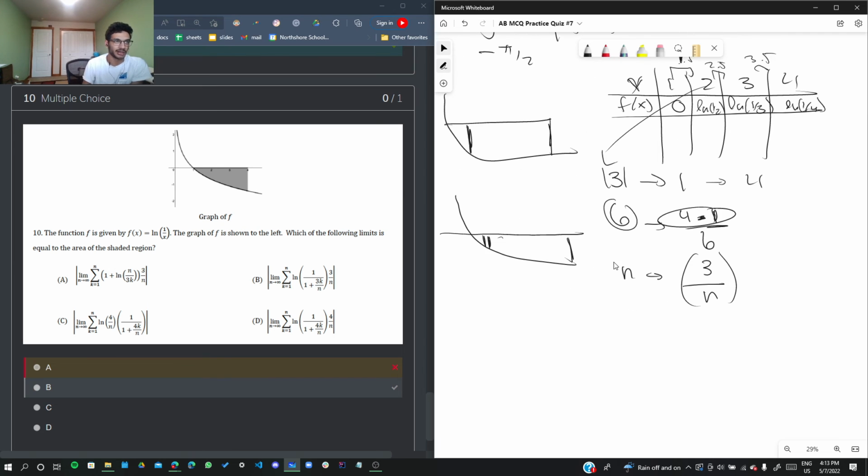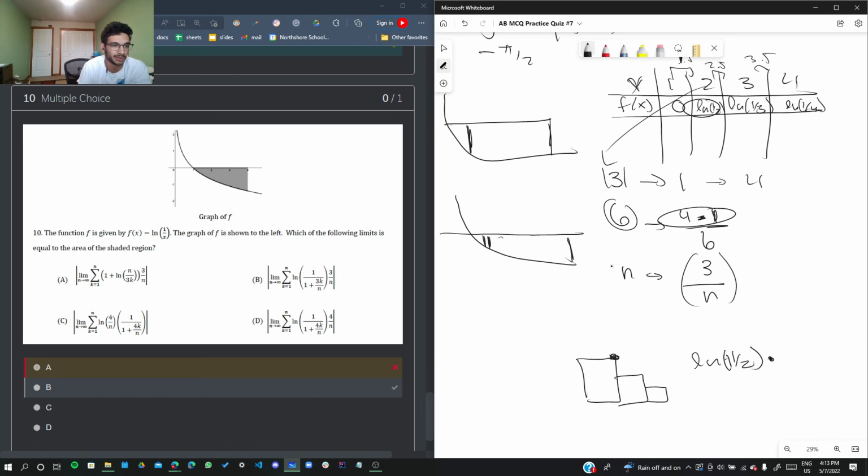Now for each rectangle, let's say we do a right Riemann sum, like you're just adding up a bunch of right rectangles here. What you're going to do is take the rightmost point, over here you're going to get natural log of 1/2, and then multiply that by your width.